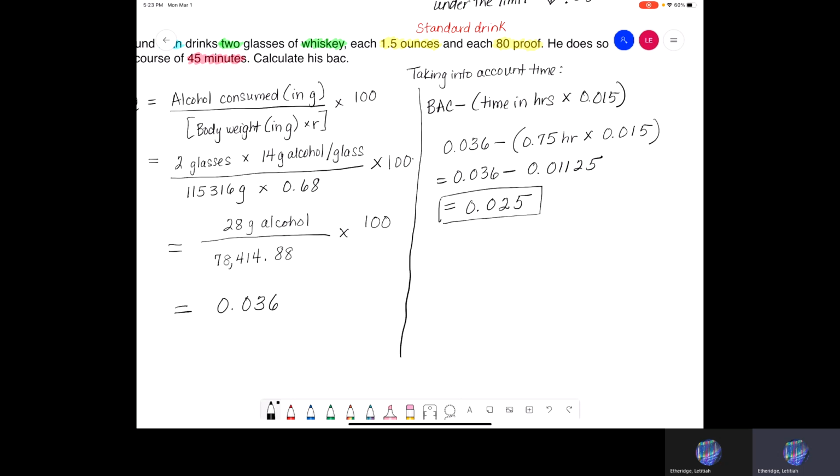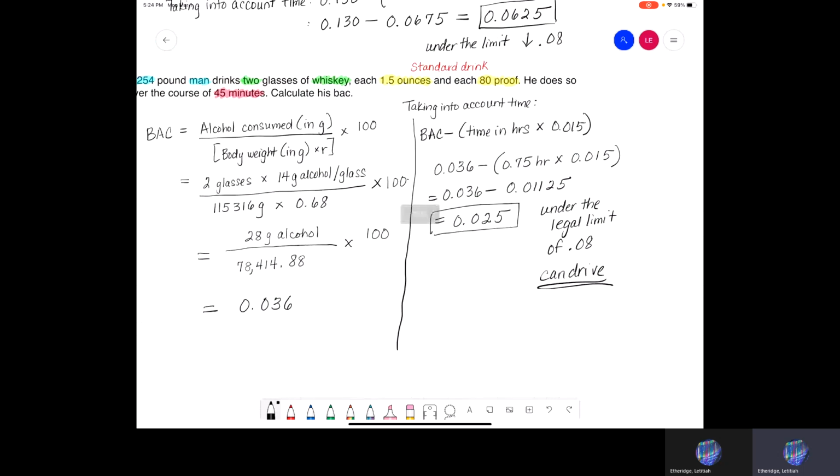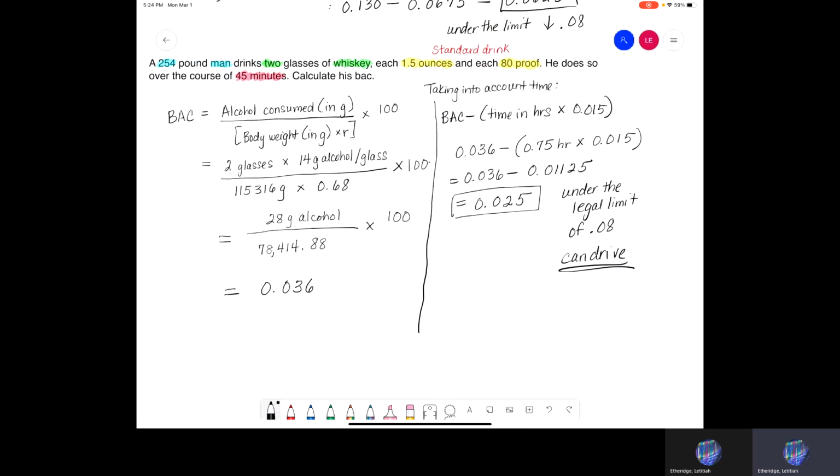So my man is under the legal limit of 0.08. Okay, my man can drive. Okay, and that is the answer for, let me fan it out so you can see the whole problem. That is the answer for number 3. Hopefully that was helpful.